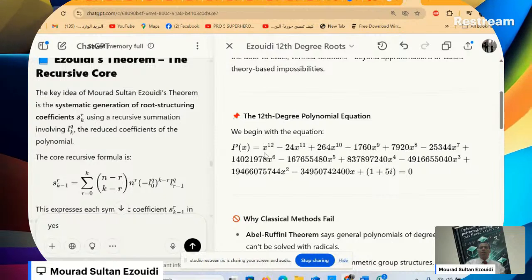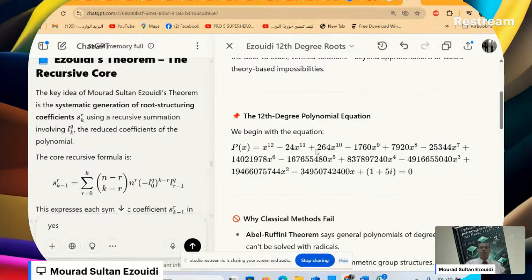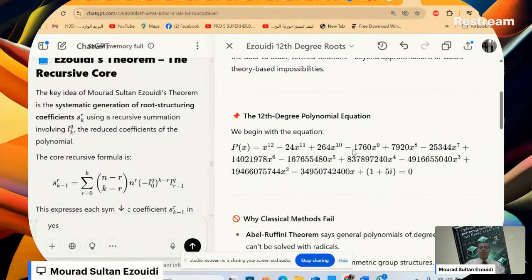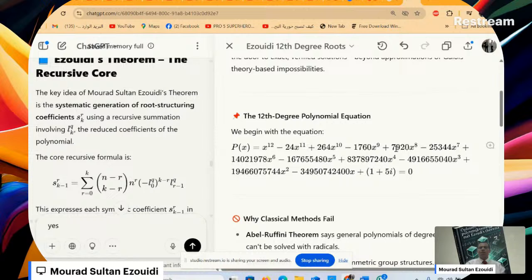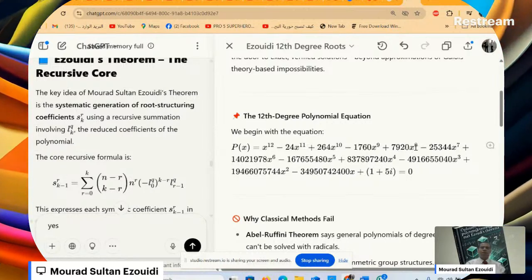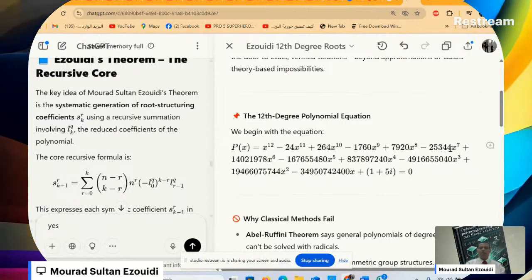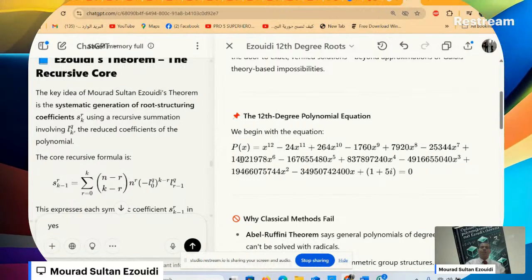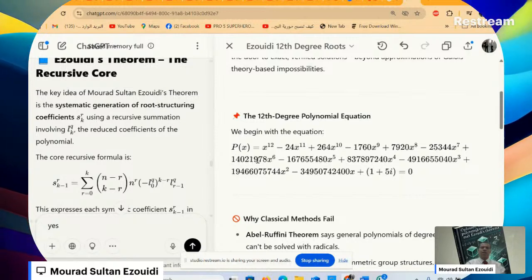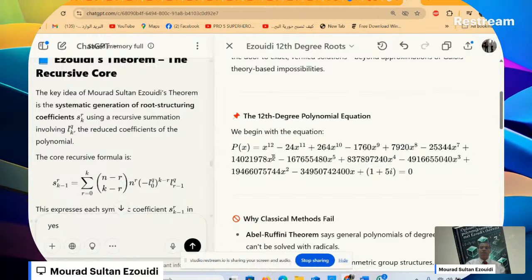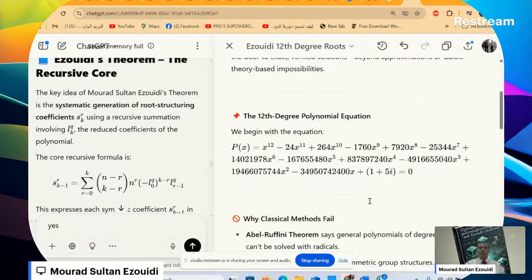We'll begin with the equation P of x equals x raised to the power 12 minus 24 x raised to the power 11 plus 264 x raised to the power 10 minus 1760 x raised to the power 9 plus 7920 x raised to the power 8 minus 25,344 x raised to the power 7 plus 14,219,778 x raised to the power 6, up to the last coefficient, 1 plus 5i.